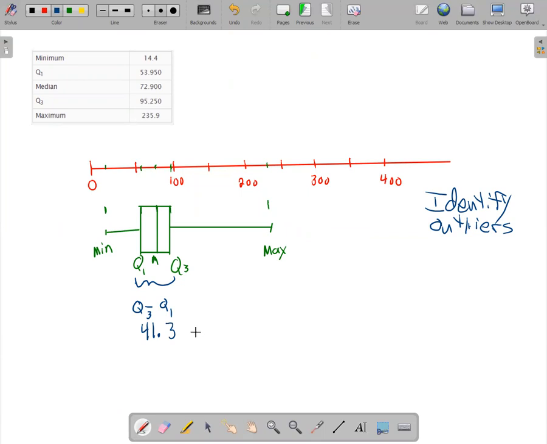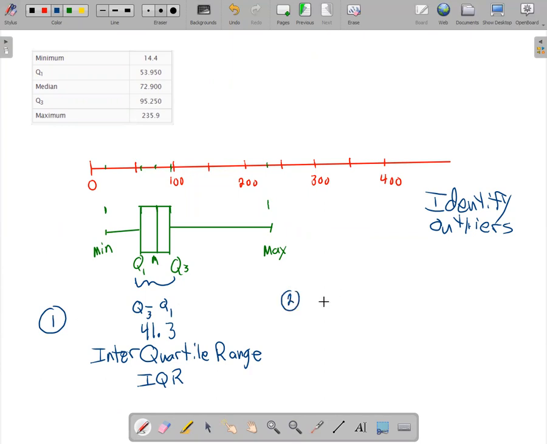That number has a name. It's called the interquartile range. For short, we'll call it the IQR. And it's just Q3 minus Q1. How wide is the box? Okay, so that's step 1 of identifying outliers.